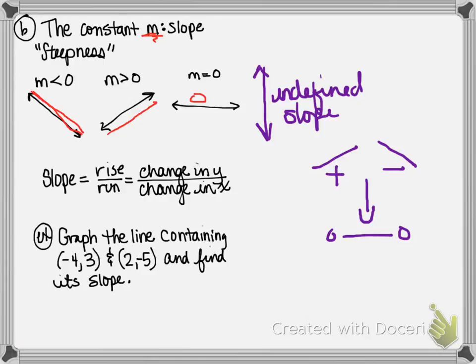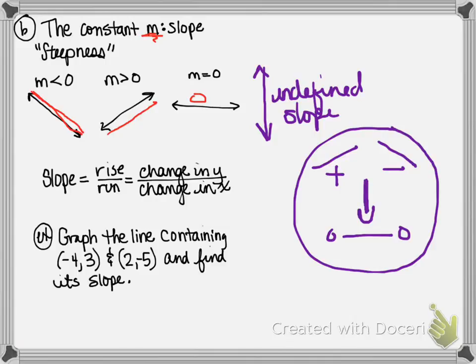You can see his mouth is horizontal, so it has 0 slope. His nose is vertical, it has an undefined slope. See the U? And his two eyes are positive and negatively sloped from his eyebrows. So we also think about the slope as a rise over run, the change in y over the change in x.